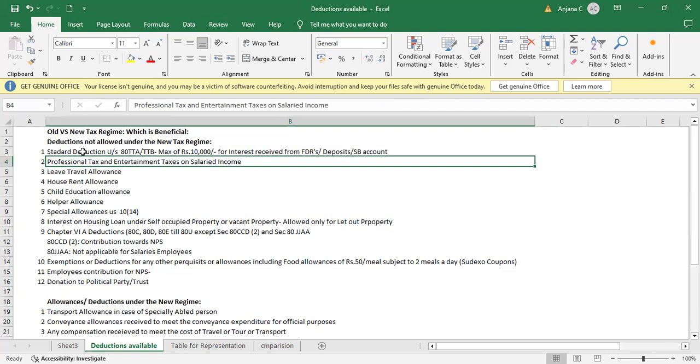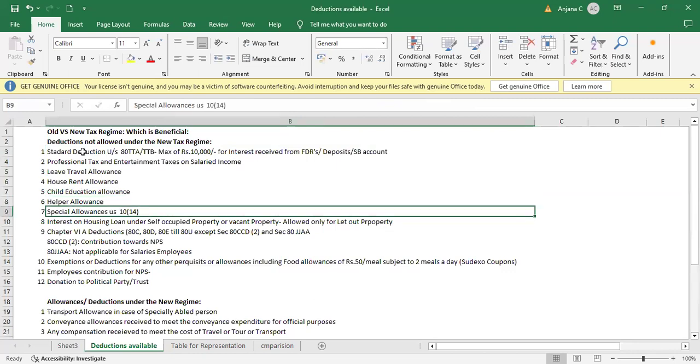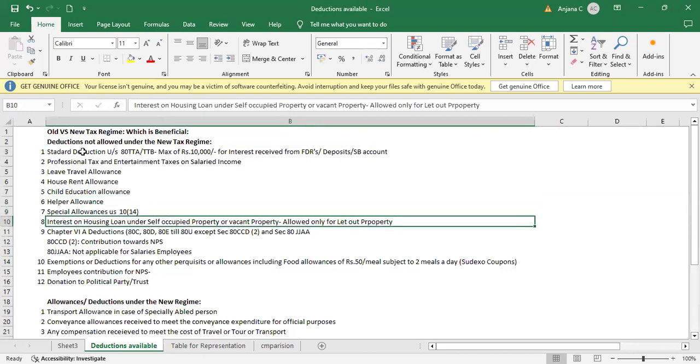The second deductions which are not allowed are professional tax and entertainment tax, LTA, HRA, child education allowance, helper allowance, special allowances under section 10(14), and interest on housing loan for self-occupied or vacant property.